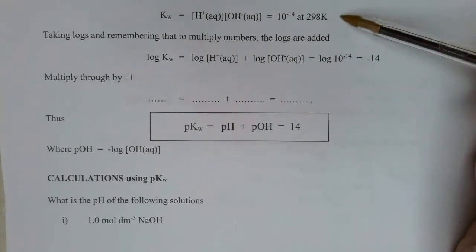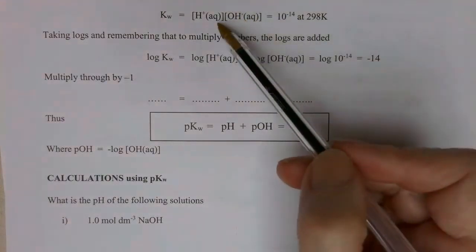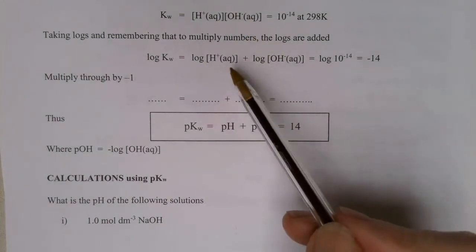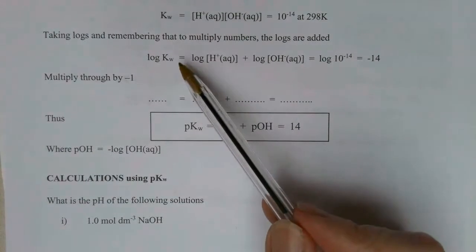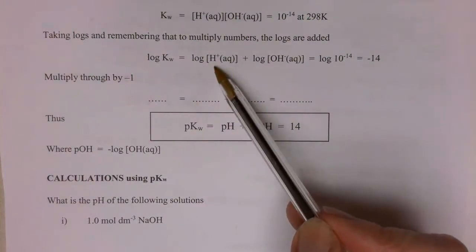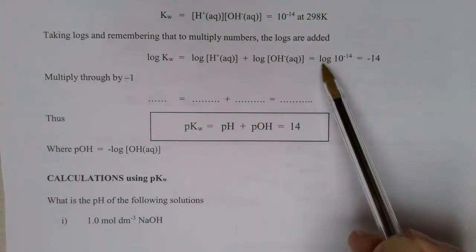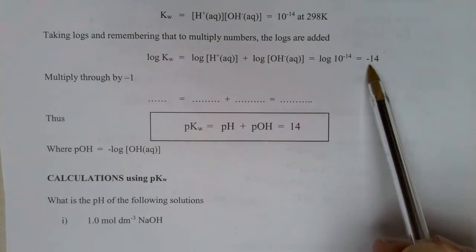So if we start with our Kw expression at 298 Kelvin, we can take logs all the way through. Now remember, if you have two terms which are multiplied, they become addition when you're dealing with logs. So we get log of Kw is log of the concentration of hydrogen ions plus log of the OH negative ions, and that equals log of 10 to the minus 14, which just equals minus 14.